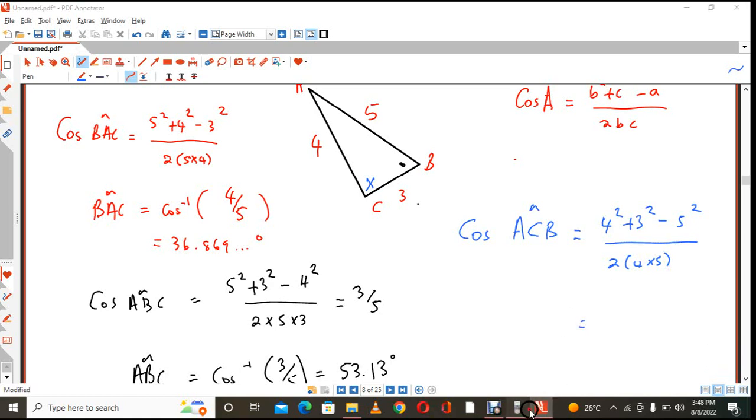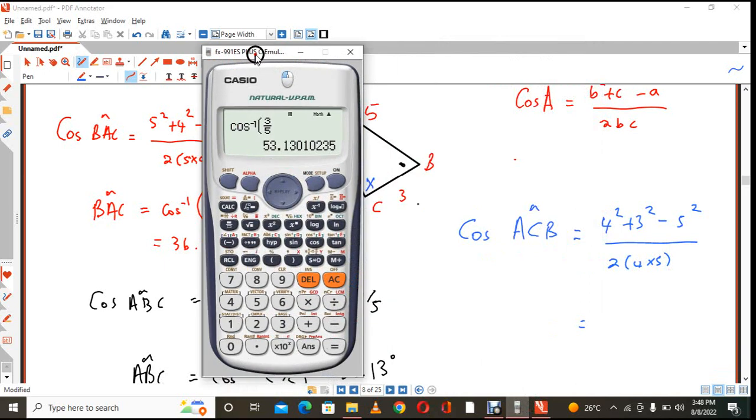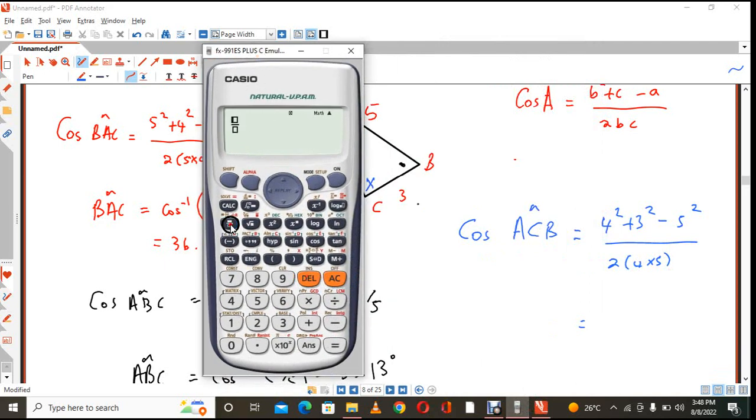Let's punch it in and see what we get: 4 squared plus 3 squared minus 5 squared, upon 2 times 20, which gives us 0.